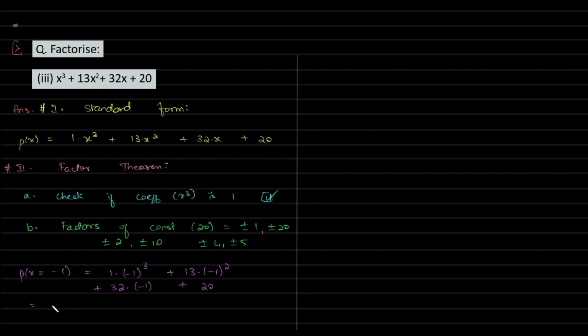So this is minus 1, this is 13 into 1, this is minus 32, and we have 20. So yes, we got a 0. Plus and minus 33. So what can we imply? Therefore, x plus 1 is a factor of p of x.